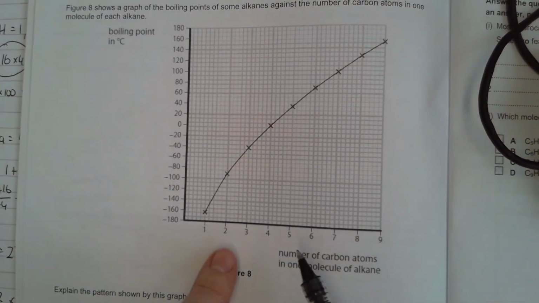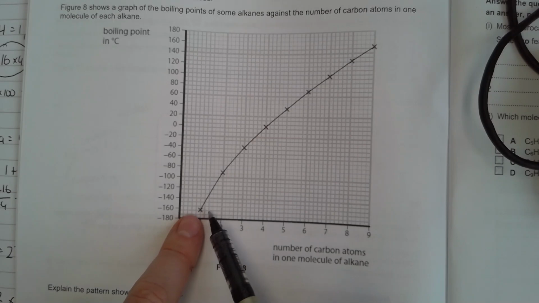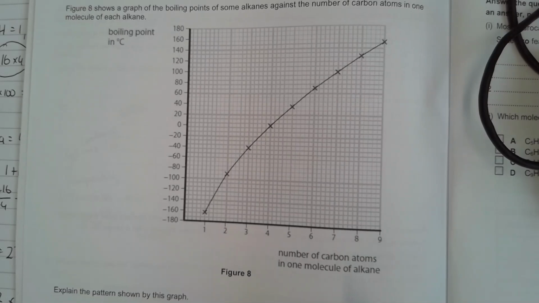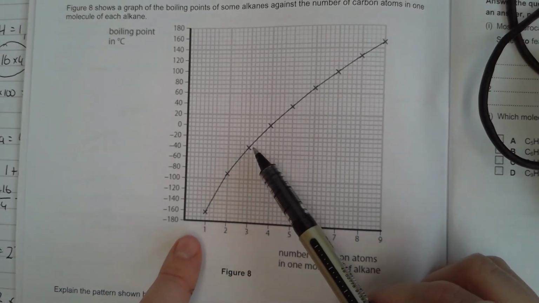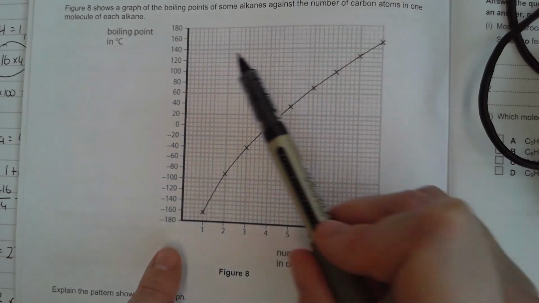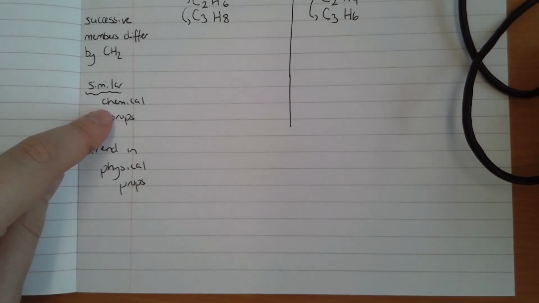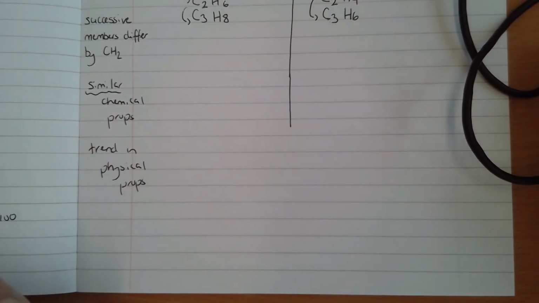So I can't say that all alkanes have a low boiling point, because some of them actually have quite a high boiling point, but I can see a trend. As the number of carbons in the alkane molecule increases, so does my boiling point. So just be really mindful that it's similar chemical, but a trend in physical properties.